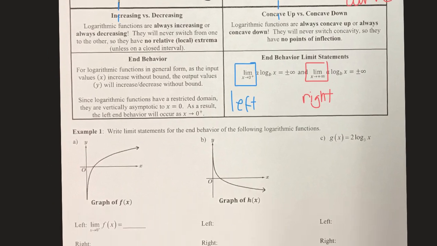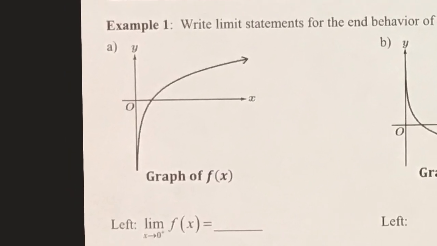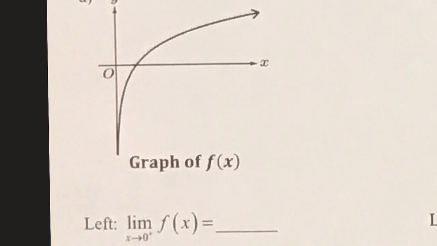So let's practice writing some limit statements for this particular graph. This is a graph of a positive log. Hopefully you'll learn that this is a positive log graph. We don't know what the base is.